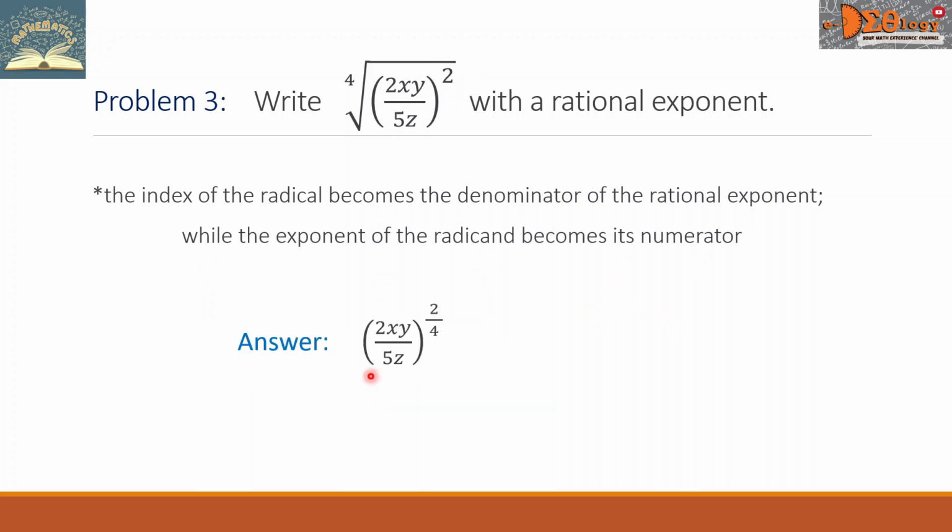So we can write 2 over 4 as the power of the fraction 2xy over 5z. But here we see that the 2 over 4 can be simplified to lowest terms. So it becomes 1 over 2 of the same fraction.